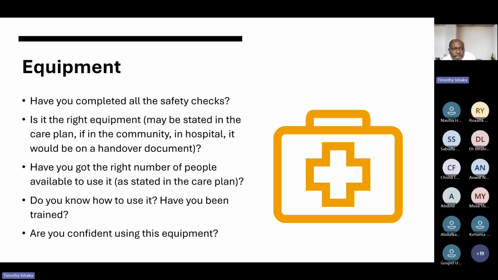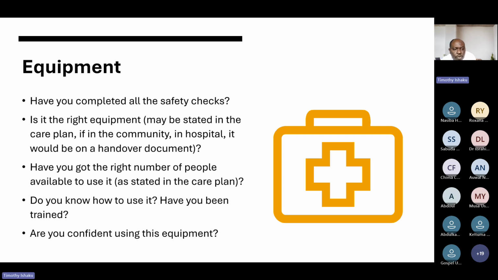So that is the summary of the dynamic risk assessment tool or framework, which is the TILE. T stands for the task that needs to be performed. I stands for the individual, which is either us or whoever is involved in the management and handling of the patient.